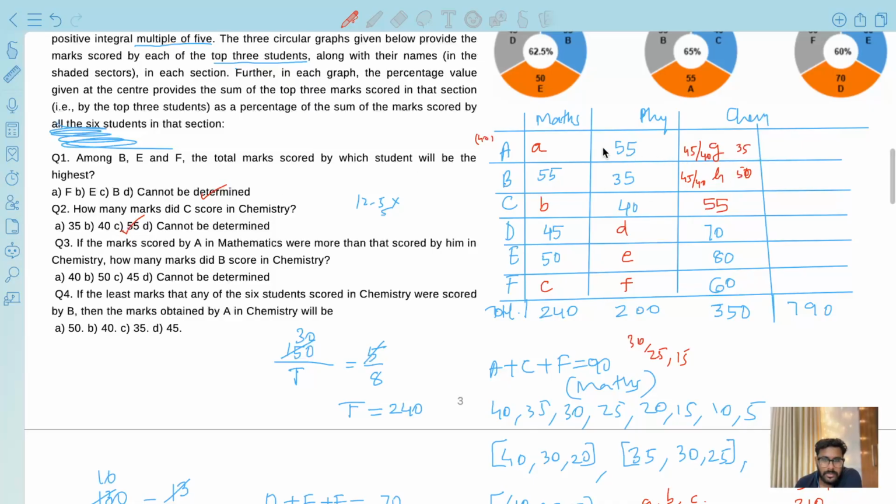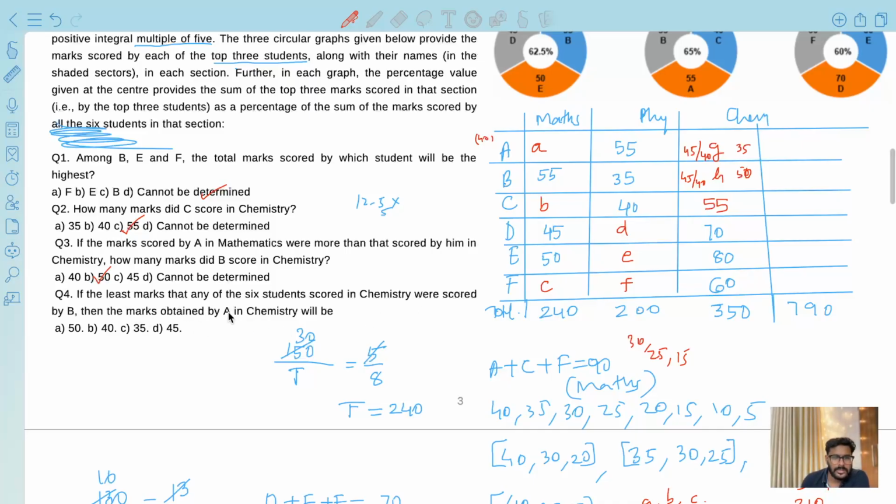That means this is 35 and this is 50. Yes, 50. Perfect.